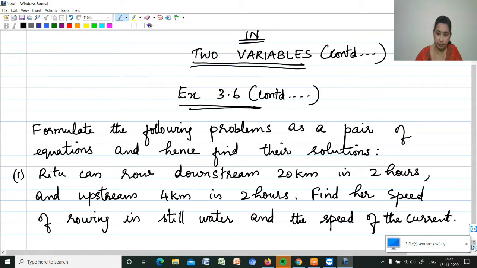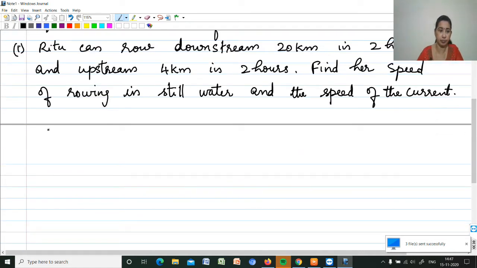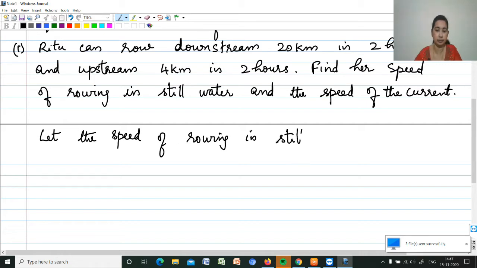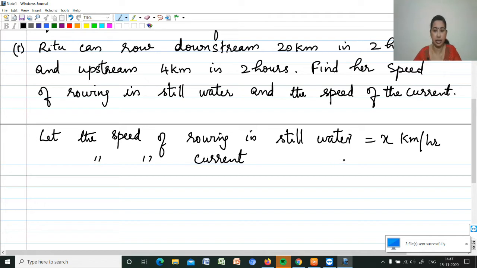Let the speed of rowing in still water be x km per hour, whereas let the speed of the current be y km per hour. Then what will be the speed of rowing downstream?